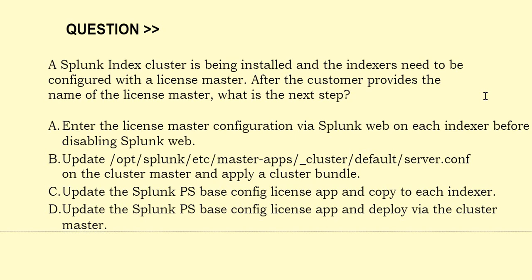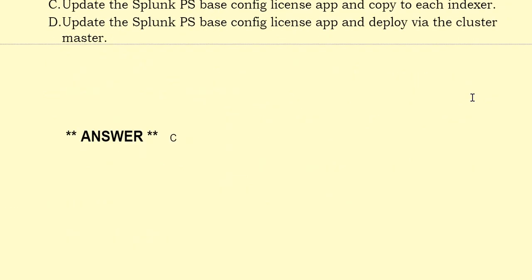Option B. Update opt splunk etc master-apps _cluster default server.conf. Option C. Update the Splunk PS base configurations license app and copy to each indexer. Option D. Update the Splunk PS base configurations license app and deploy via the cluster master. The correct answer is option C.